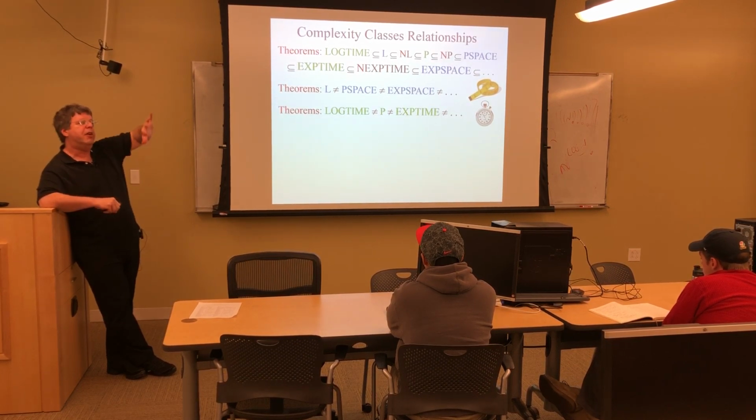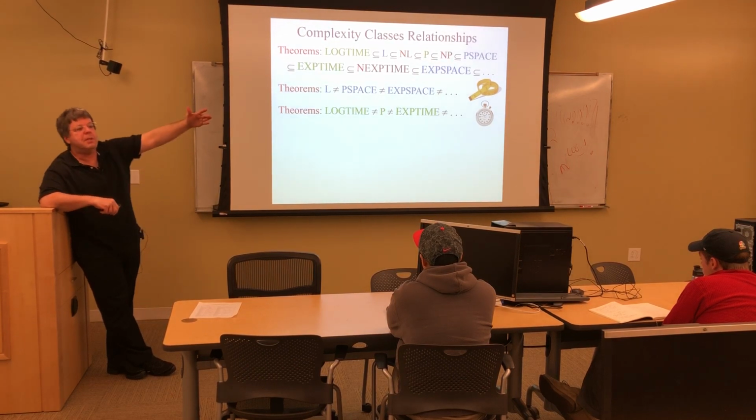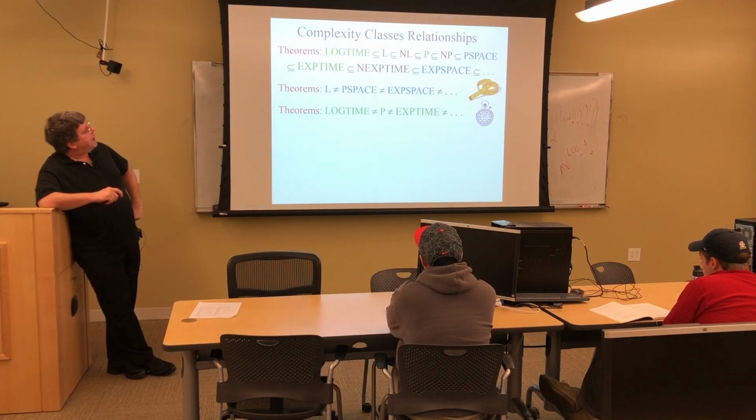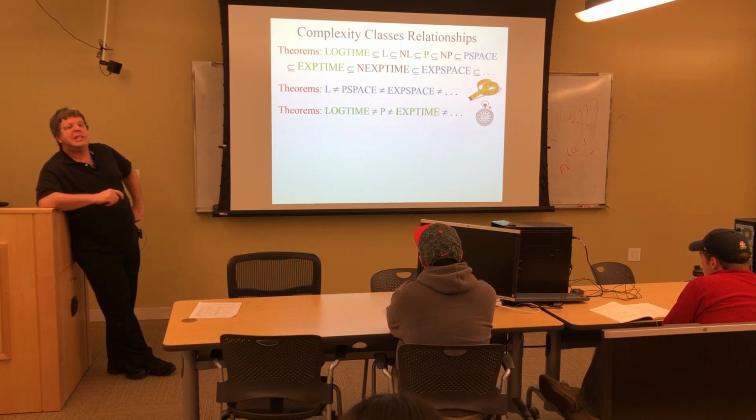If A is a subset of B and B is a subset of C, then A is a subset of C also by transitivity of subset containment. So at least one of these three is a proper containment, and possibly two of them are, and possibly all three. But they can't all be equal to each other. At least one of these three must be proper.